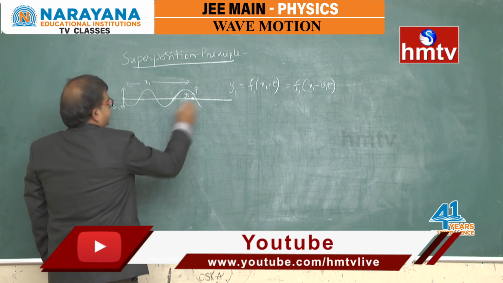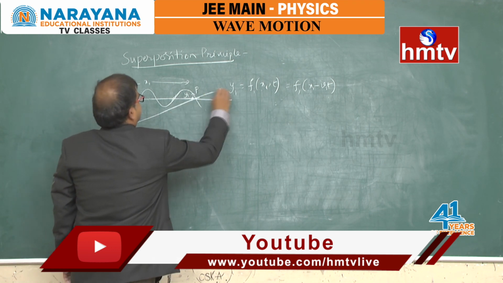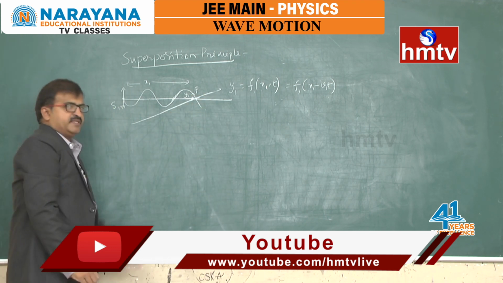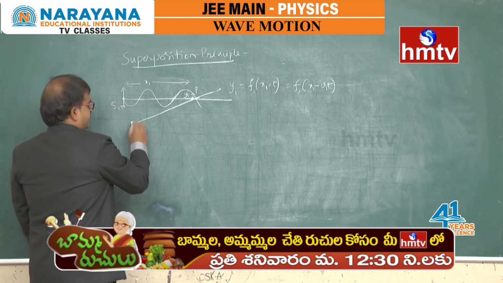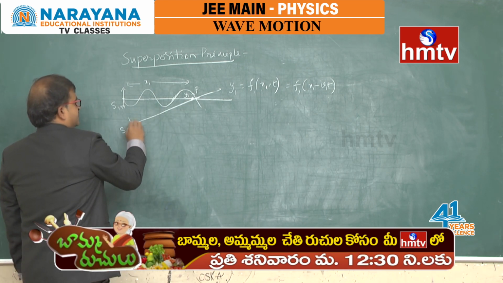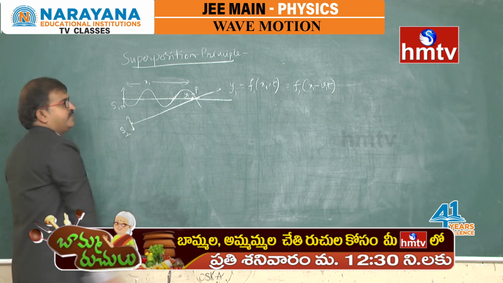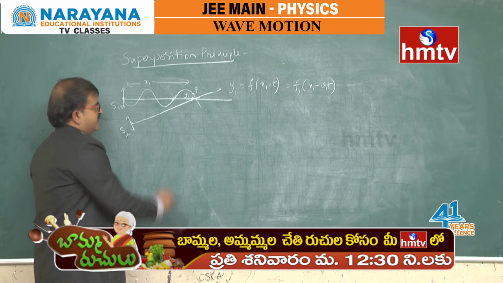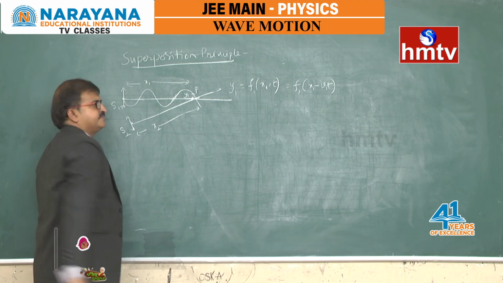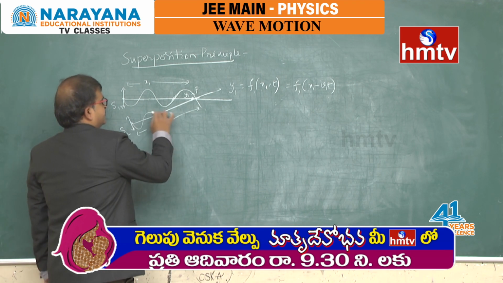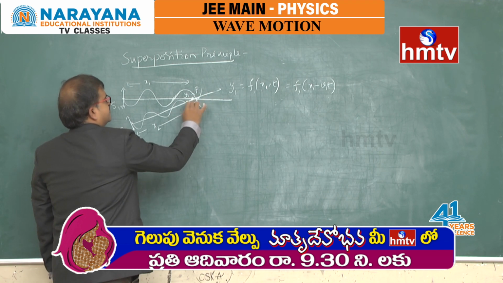Similarly, if this point is also a part of the second string, that means the two strings do not have a knot at the point, and this source is also vibrating with some frequency, and this is at a distance of x2 from it. Then this wave is also allowed to pass through this point.